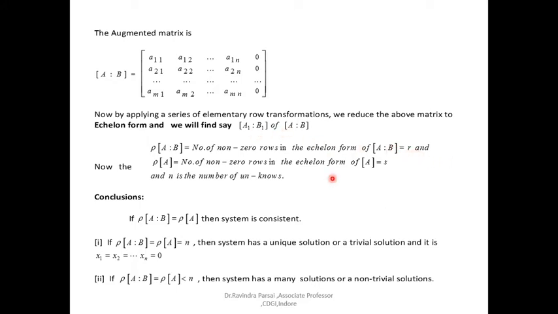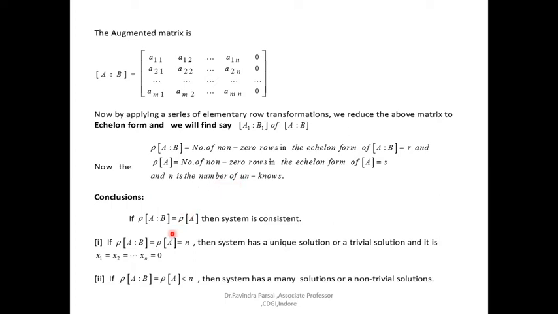Say it is R. The rank of the coefficient matrix you also find by counting the number of non-zero rows in the echelon form of A, that is A1. Suppose the number of non-zero rows is S, and n is the number of unknowns given to you.